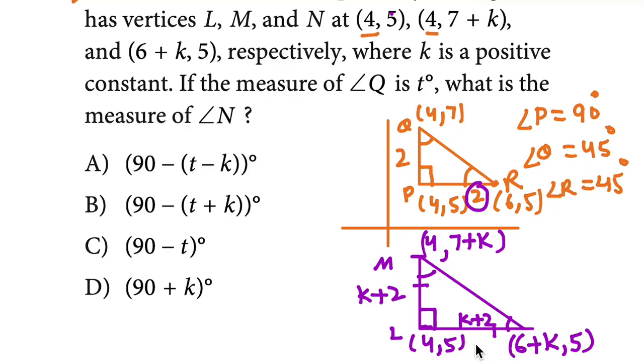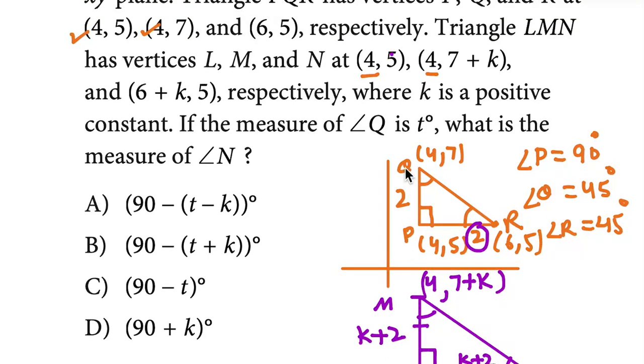Now let's come to the question. If the measure of Q is T degrees and we have calculated Q as 45 degrees, that means T degrees is actually 45 degrees. What is the measure of angle N? Okay, this one.